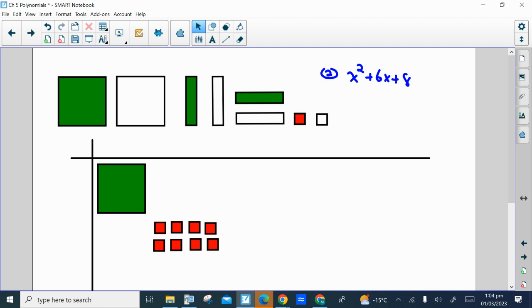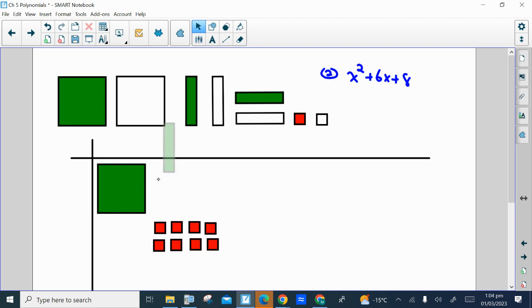But we need to build positive 6x's, which works out great because there are 6 spaces to fill in. There's 4 spaces above the 1 tiles, plus 2 spaces to the left of the 1 tiles. Remember, all these new tiles will have the same width as what's beside it, and the same height as what's below it, depending on how you look at it.